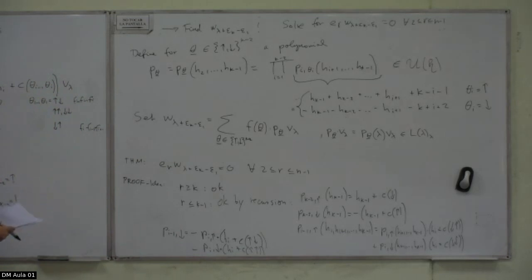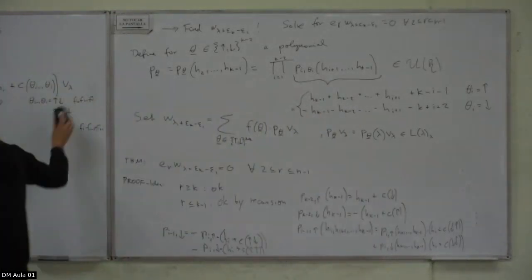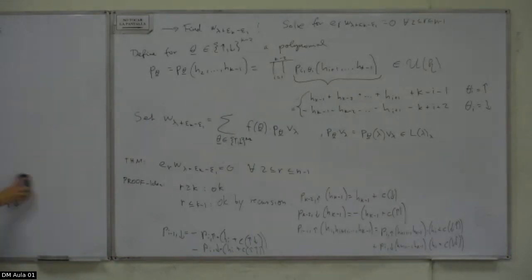Now that we have this W, it's then just a corollary from the lemma that we had already in the beginning. This W indeed produces some highest weight vector. Let me just write it like that.